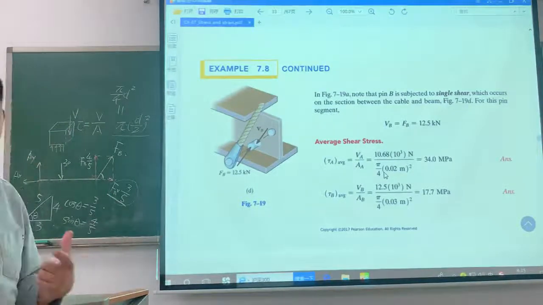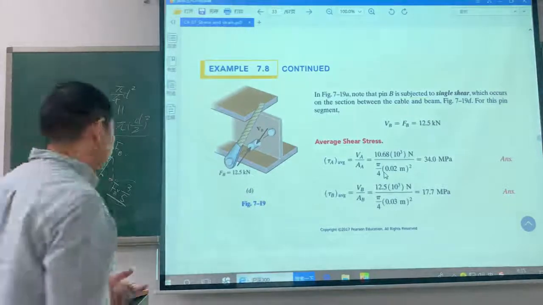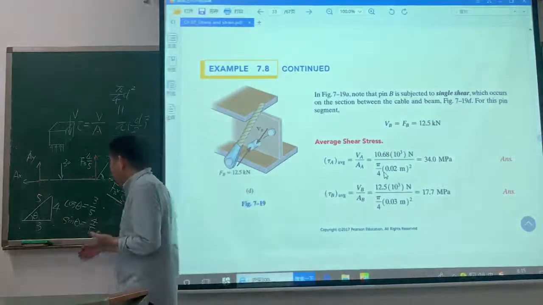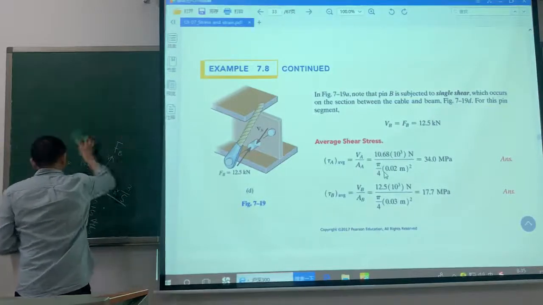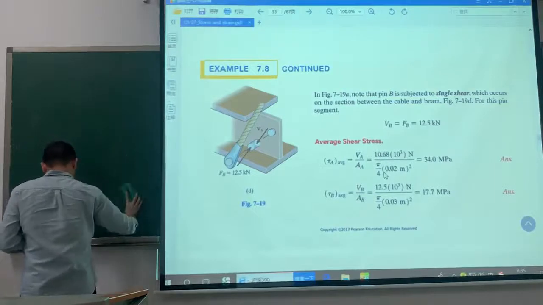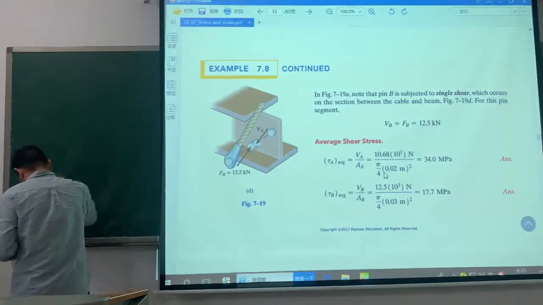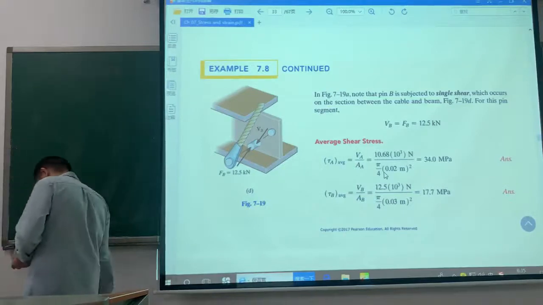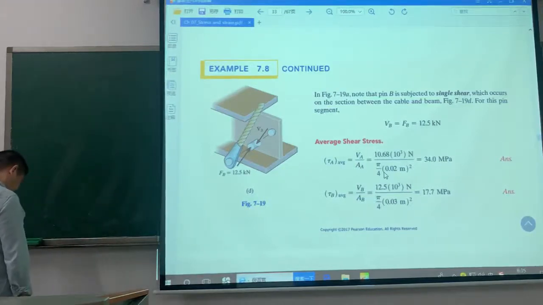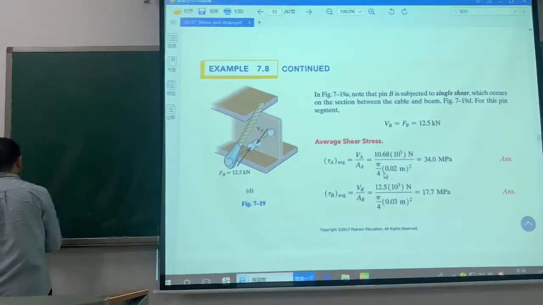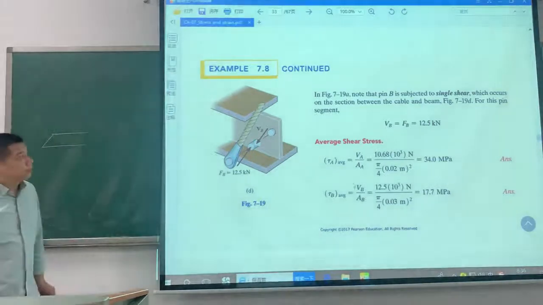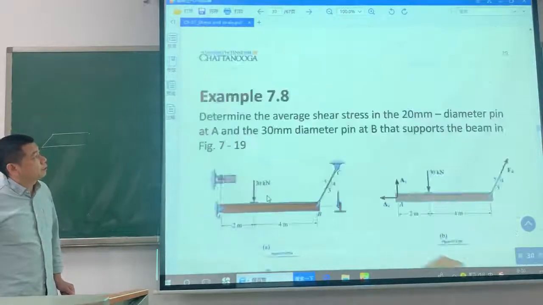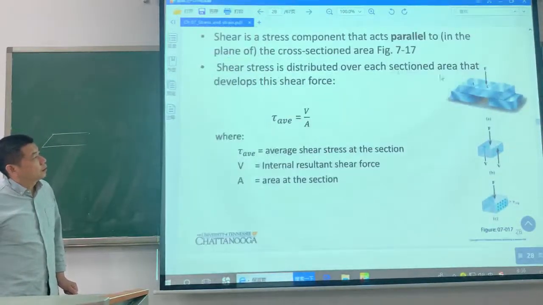Maybe the problem is a little difficult. I'll show you a simple one. Here is an example.